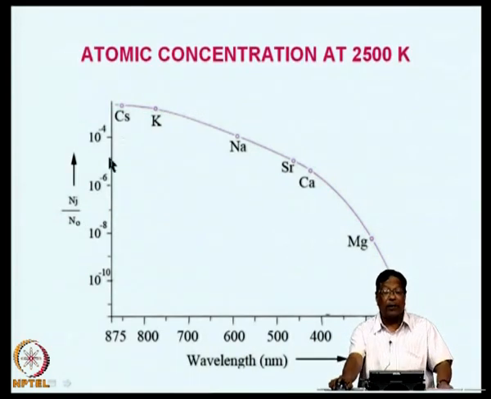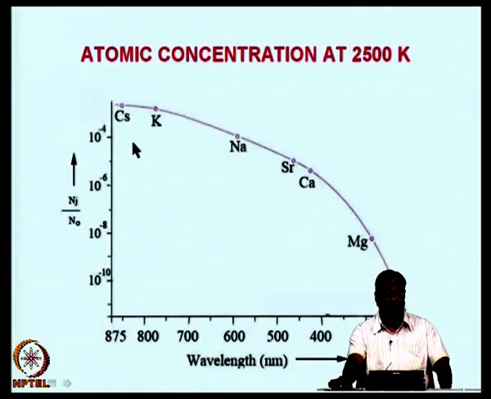Now, if you take a look at this figure, I have plotted here the wavelength 875, 800, 700 etc., going up to 200 nanometers, and Nj by N0, that is the ratio of the excited atoms to the ground state atoms.